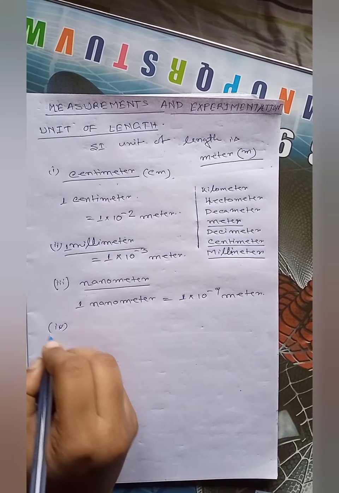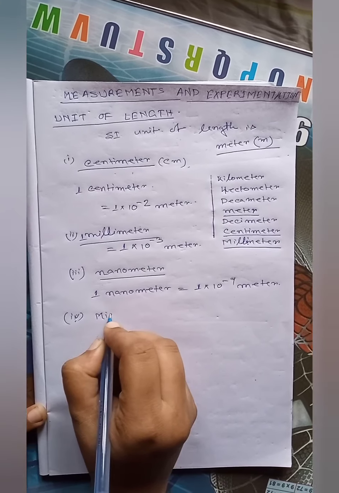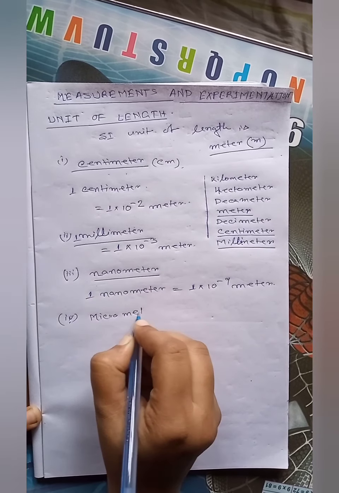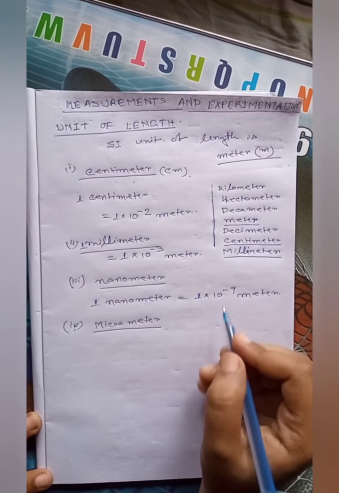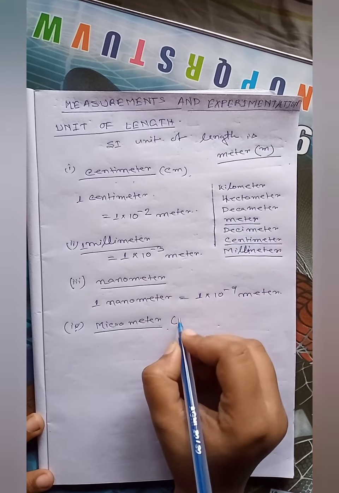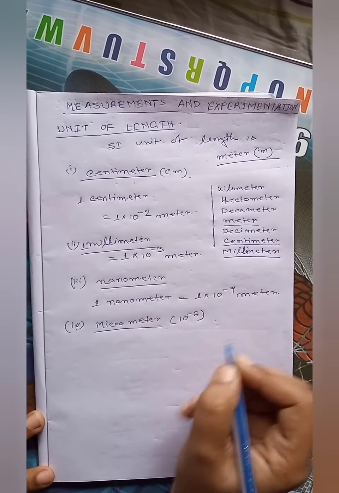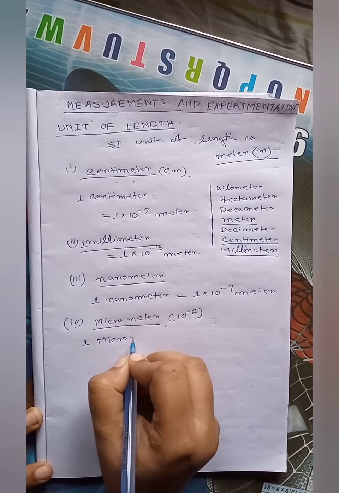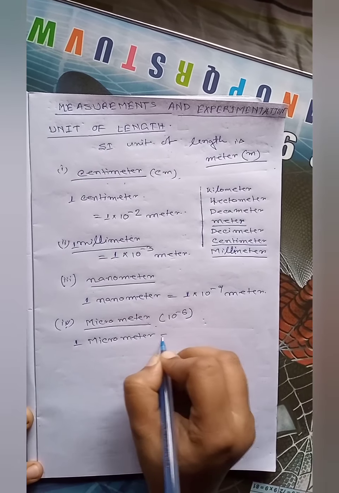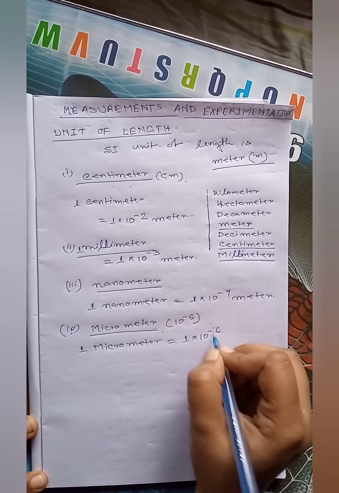Another is micrometer. Similarly, in my previous video, we saw the meaning of micrometer is 10 to the power minus 6. So, 1 micrometer equals 1 into 10 to the power minus 6 meter.